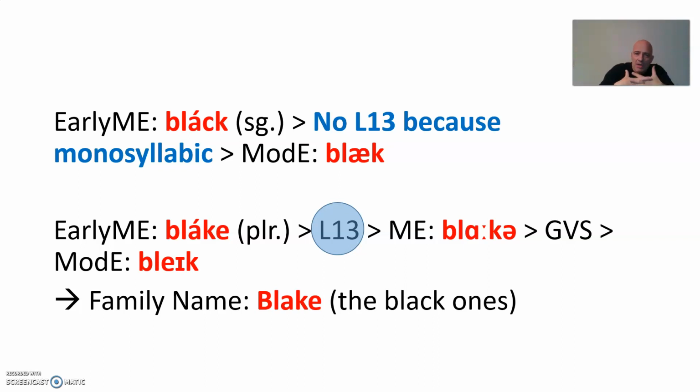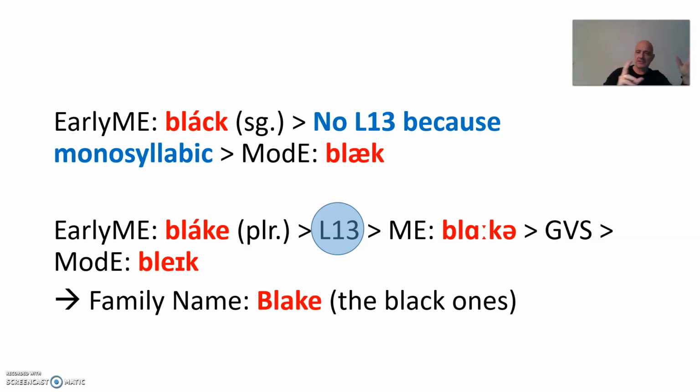And the plural of black was blace. Not black but blace. So you would say blace cnihtes. Okay. Black knights, blace cnihtes, for example. And then L13 applies for the plural. Here we go. So blace becomes blāke.